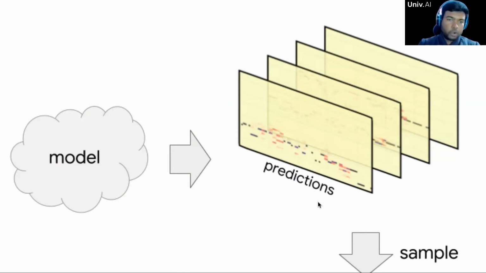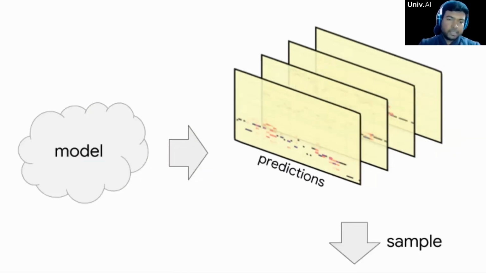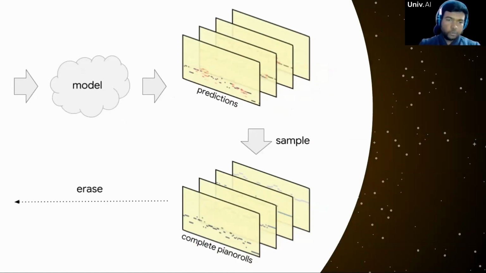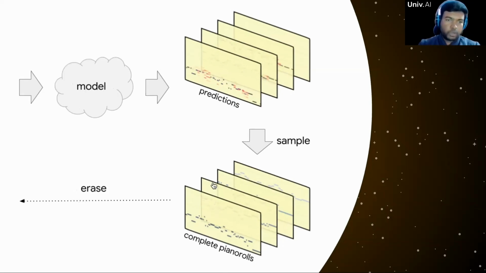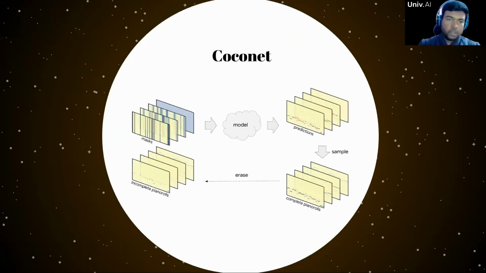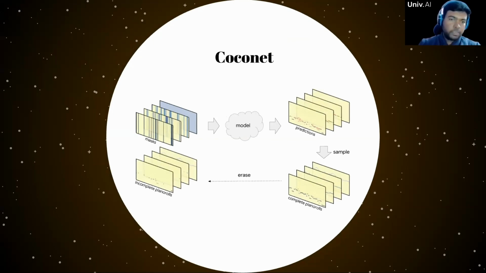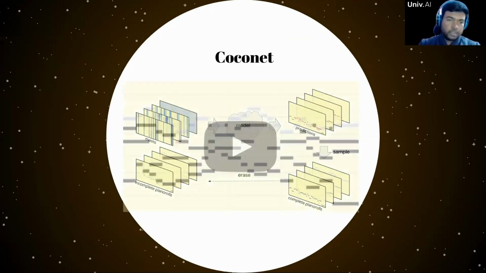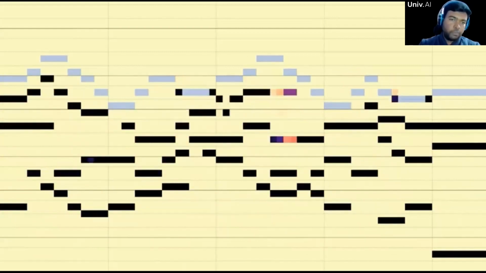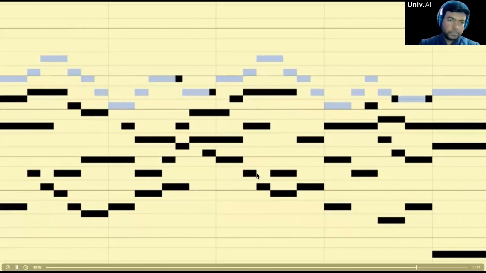Initially, we sampled all of the pitches simultaneously, which results in a complete but typically nonsensical score. So we erased some of them and then again passed it through our model, and the whole process repeats again. Through this animation, we can see that over time, we erase and rewrite fewer and fewer notes, enabling the process to settle on a coherent result.